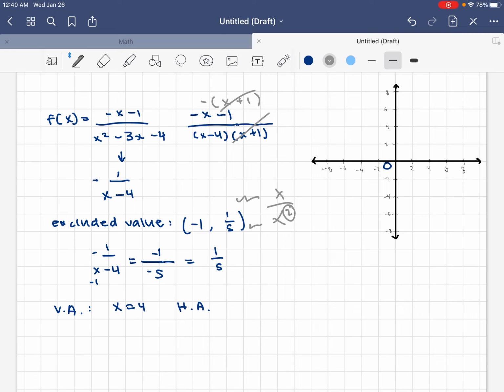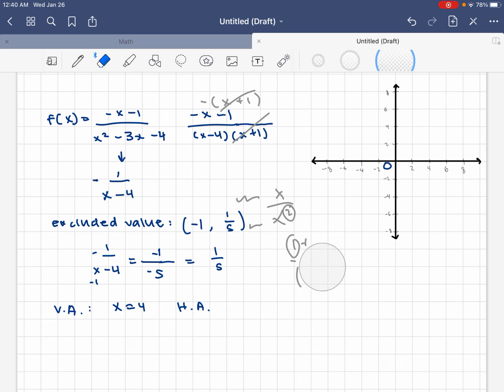But if you had something like what we had before, with the same degree, you don't need to worry about y being 0. You just solve it to find your horizontal asymptote by taking the coefficients.